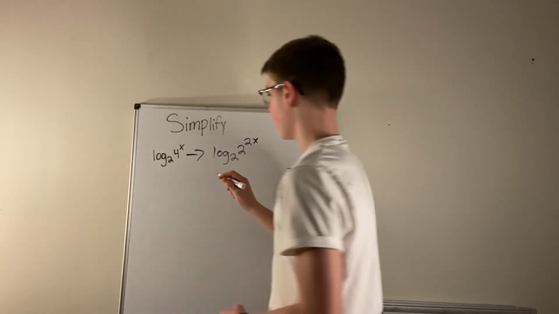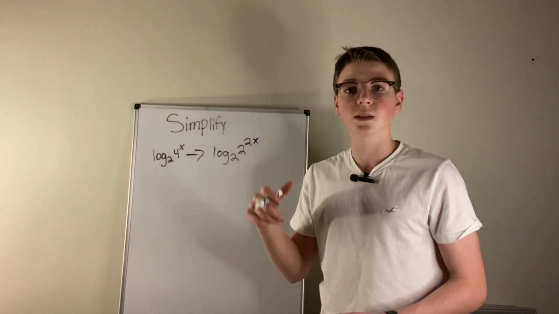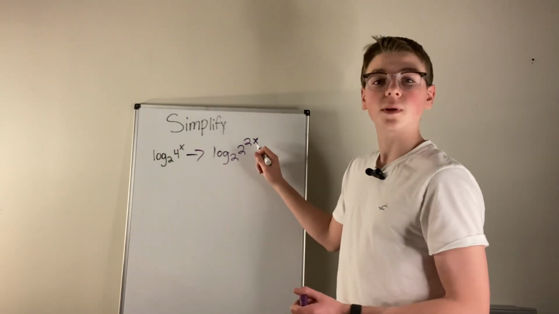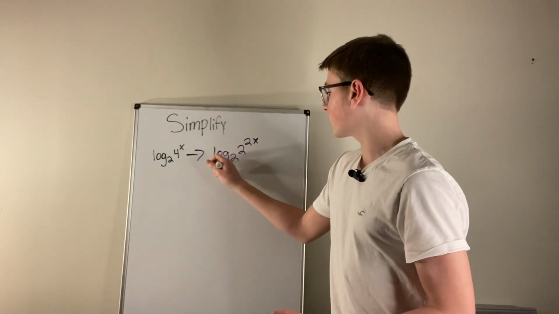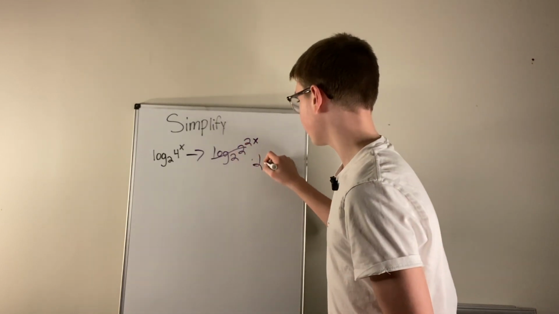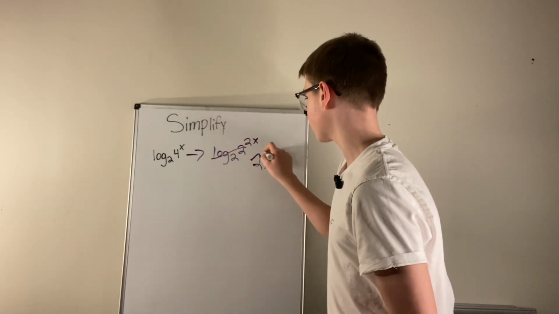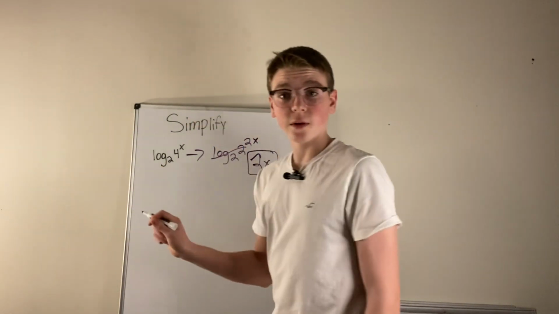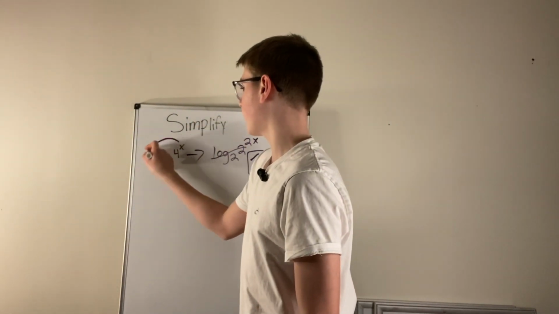So what is 4? Well, 4 is 2 squared. So we put this 2 up with the x, and then you just cancel the logs and bring down 2x.